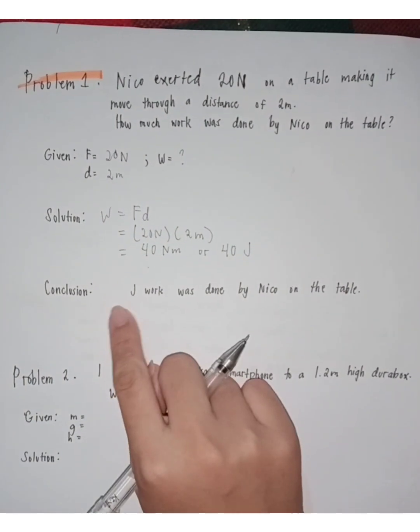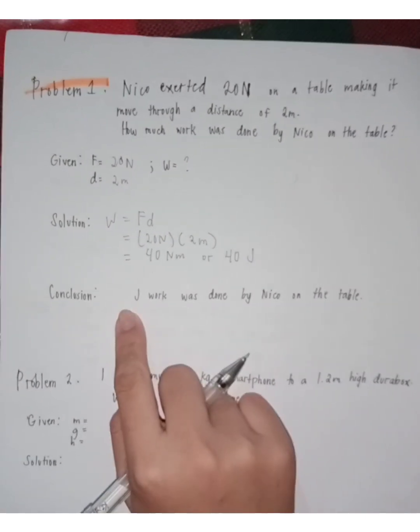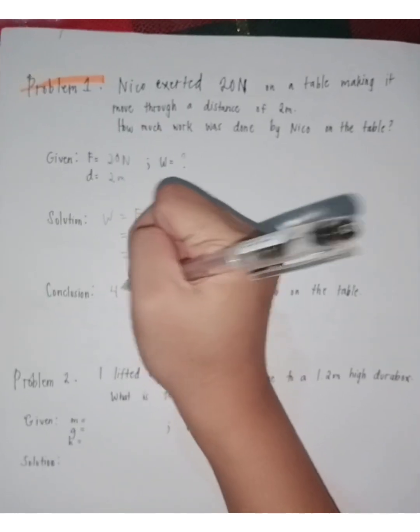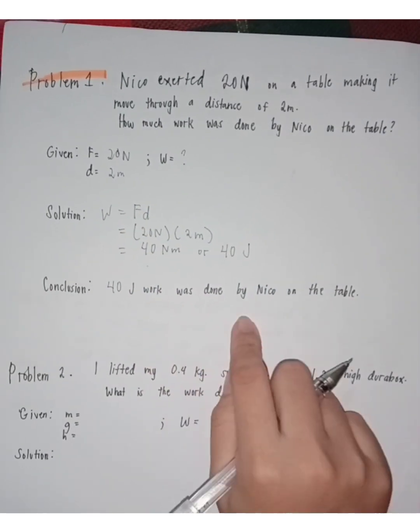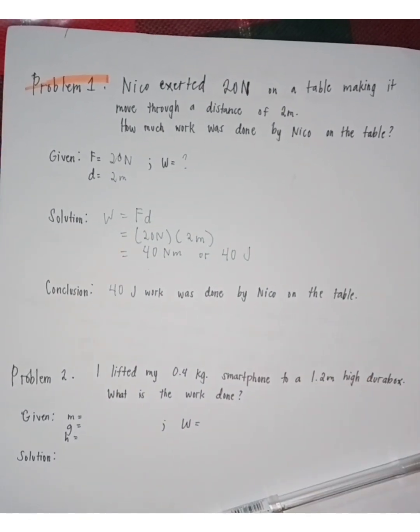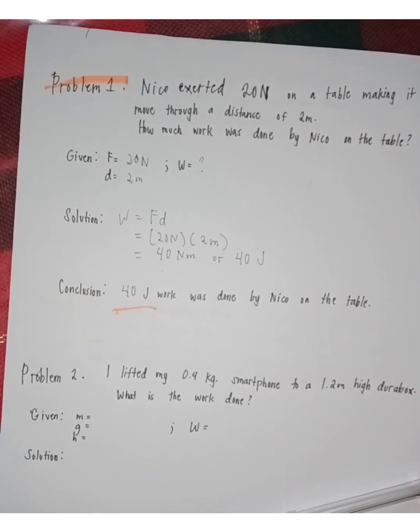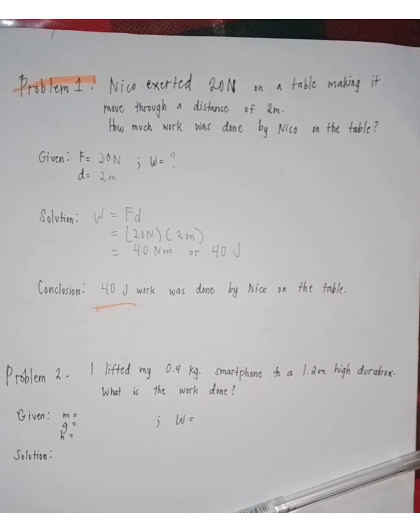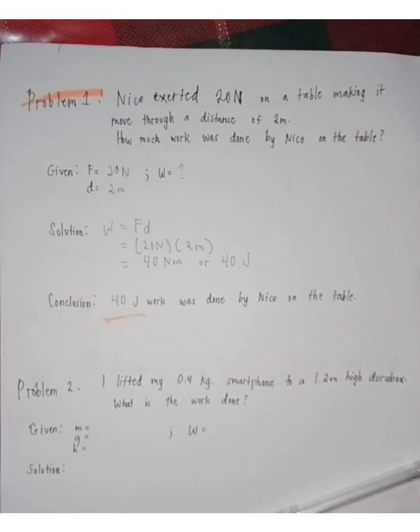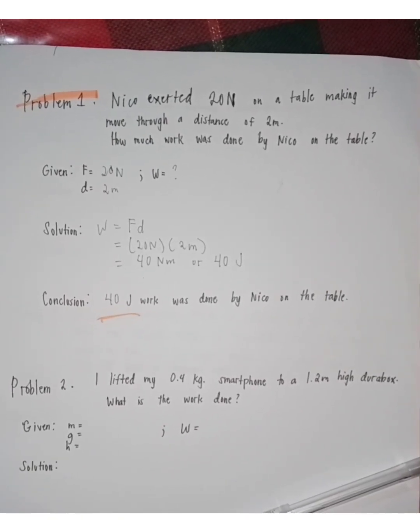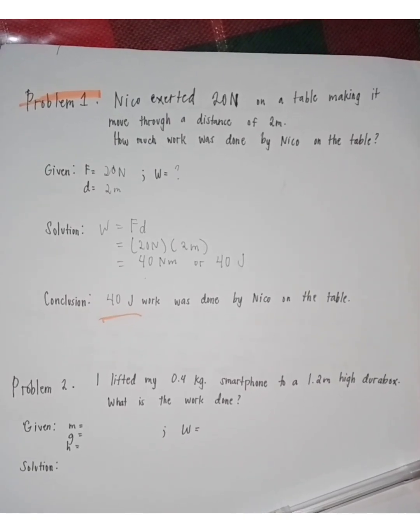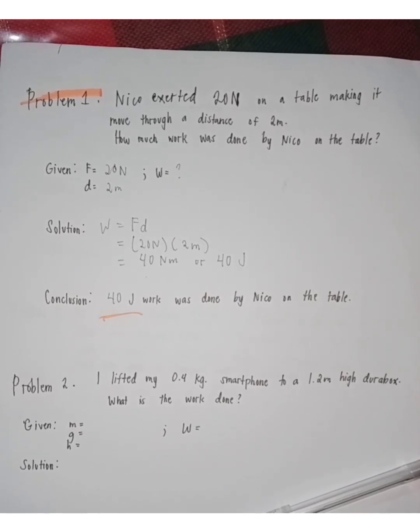So our conclusion: 40 joules of work was done by Nico on the table to make it move through a distance of 2 meters.